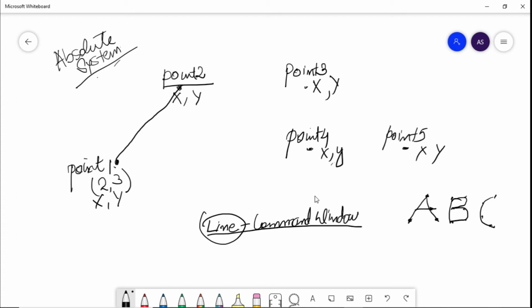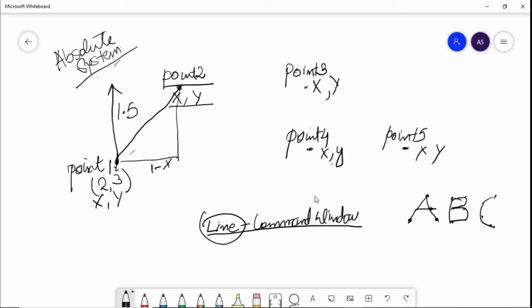So to find the new value of x and y, we're just taking an example. From this point till this point, we have moved a distance of 1 in the direction of x, and from this point up till this point we have moved a distance of 1.5 in the direction of y.